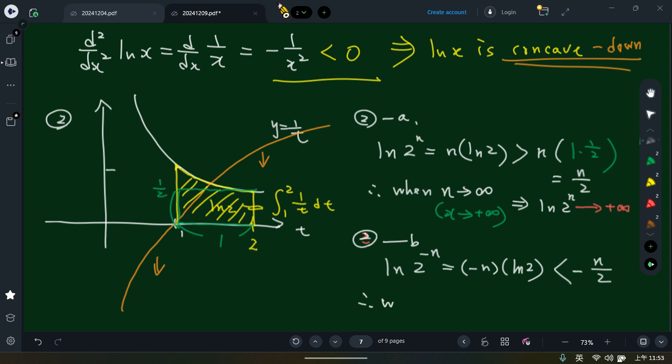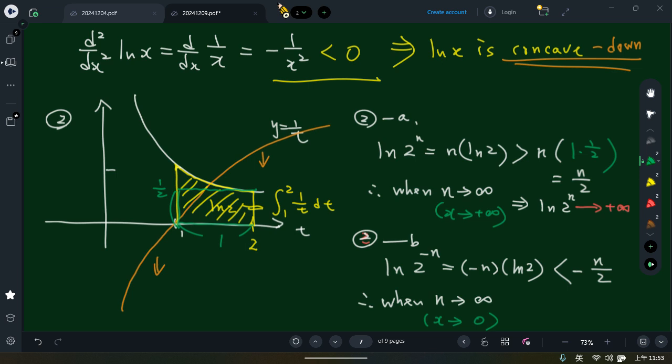So when n is approaching positive infinity, that means s is approaching 0. Why, when n is approaching positive infinity, is s approaching 0? Because here is 2 to the power of negative n. So as n is increasing, the x value here will be decreasing and approaching 0.